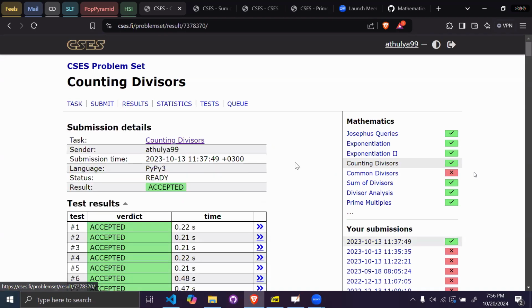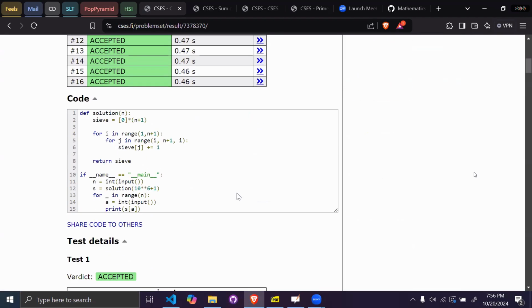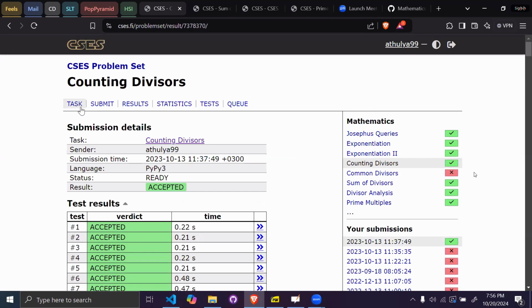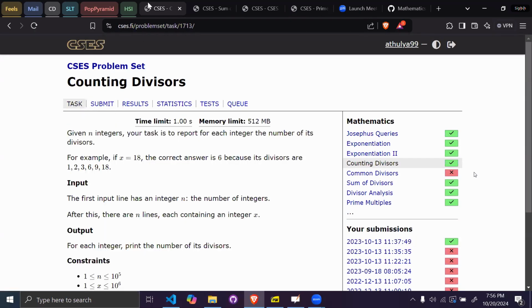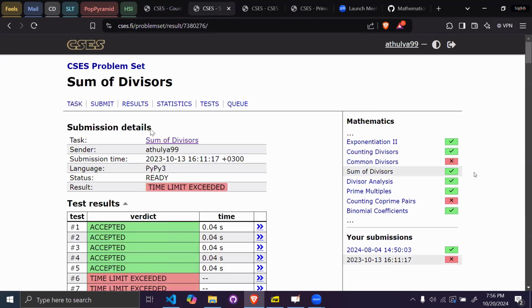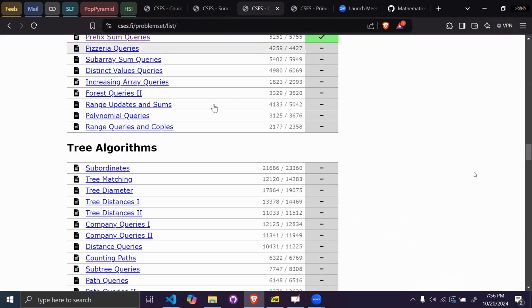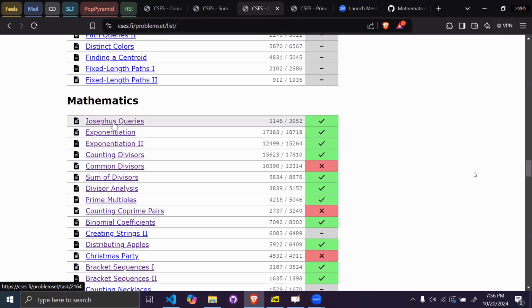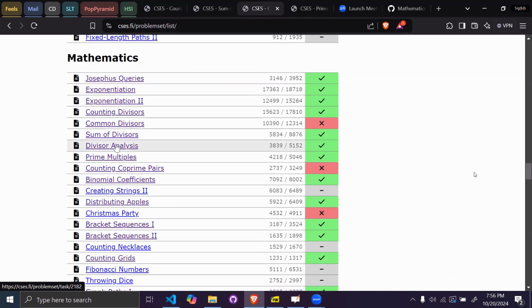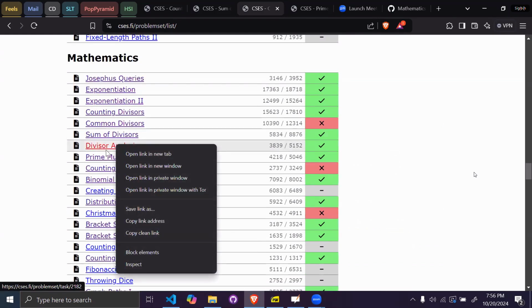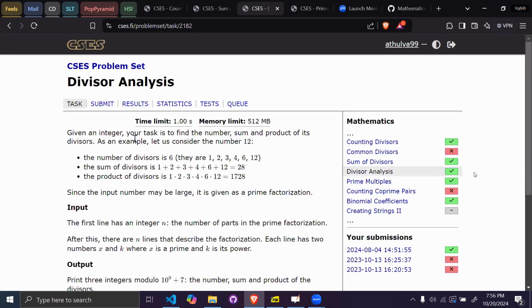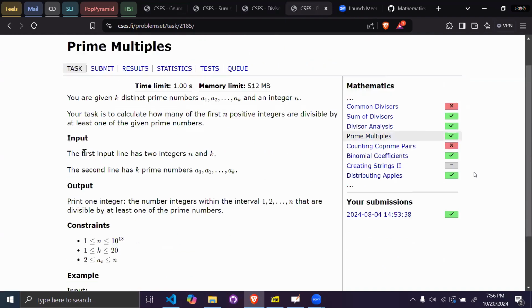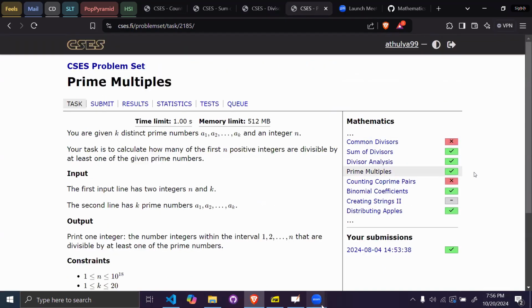Let's try to find that. Sum of devices, device analysis. Let's see this one. No, I can't find that problem.